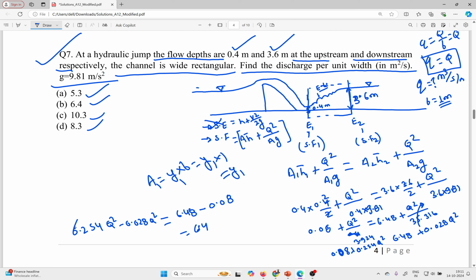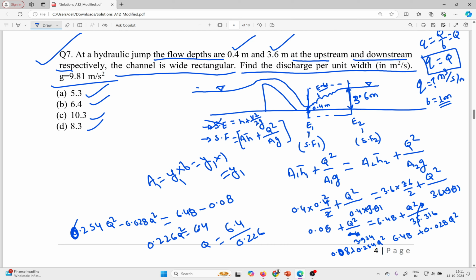Oh, that is 0.254 minus 0.028, not 6. It will come 0.226 Q square. Now Q square is equal to 6.4 divided by 0.226.